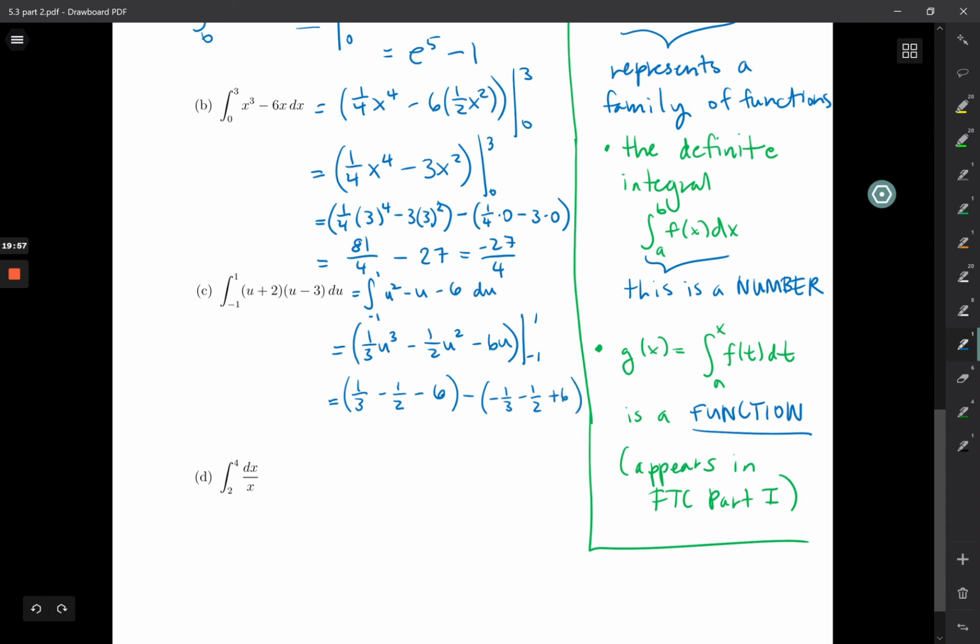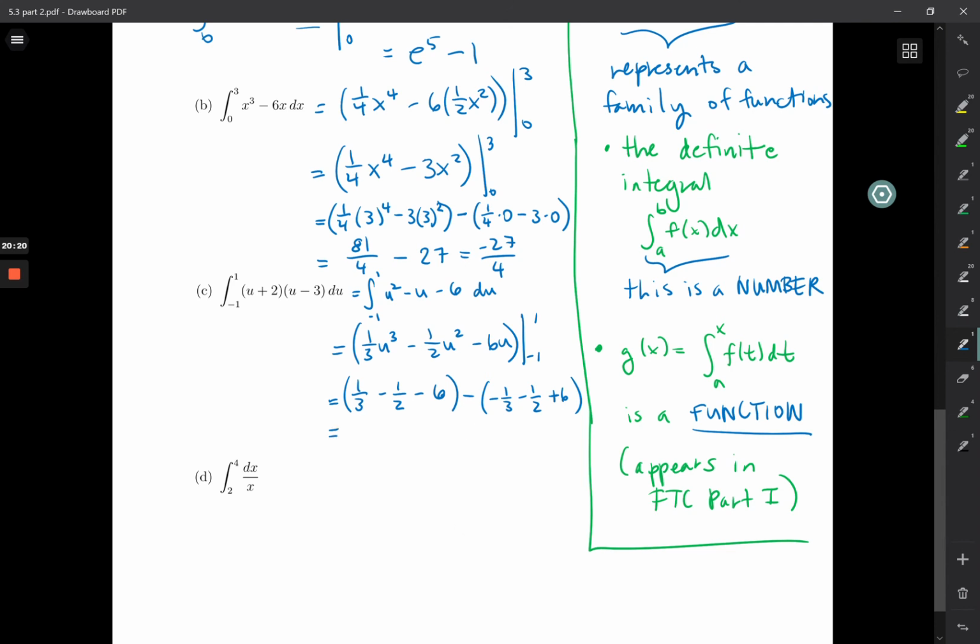And one thing I will point out is that it's really easy to forget, so make sure you put parentheses around the second one, especially, because there will always be a negative here. If you don't distribute it, you might make that mistake, and so get the wrong answer there.